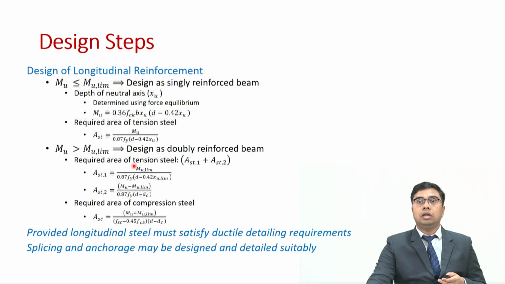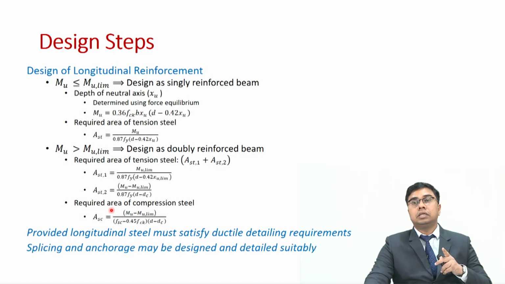So, the total required area of tension steel shall be AST1 plus AST2, and the area of compression steel will also be required, which shall be given by this expression, because we will need compression steel to carry the moment which is remaining from MU limiting, which means MU minus MU limiting.